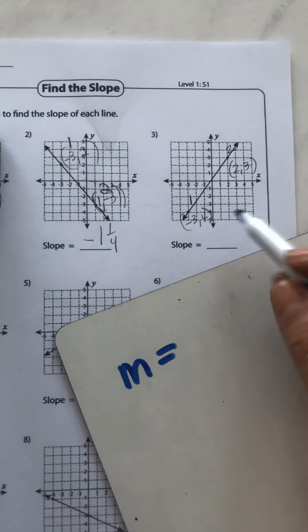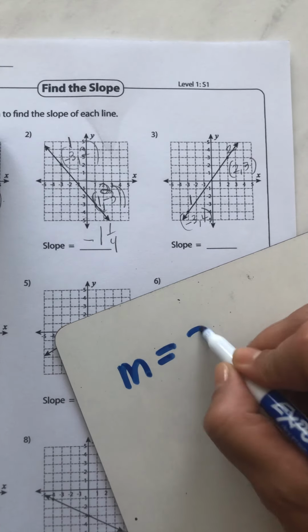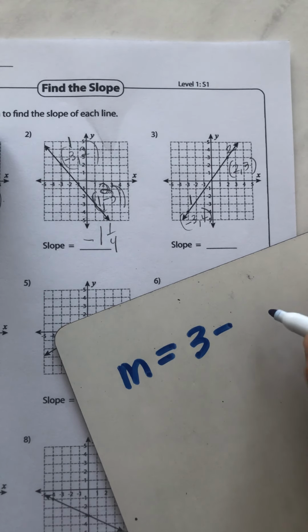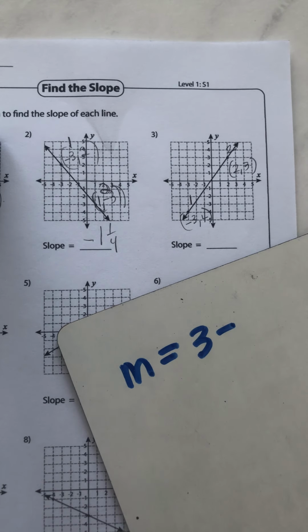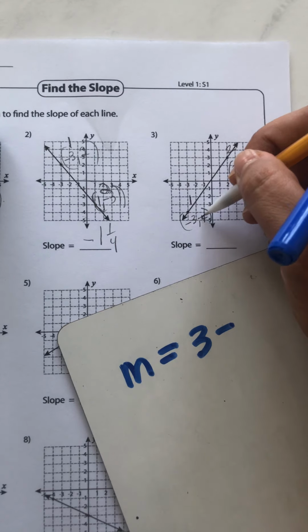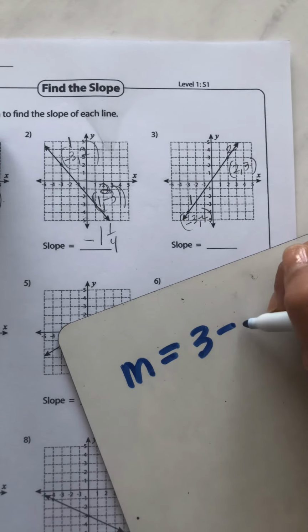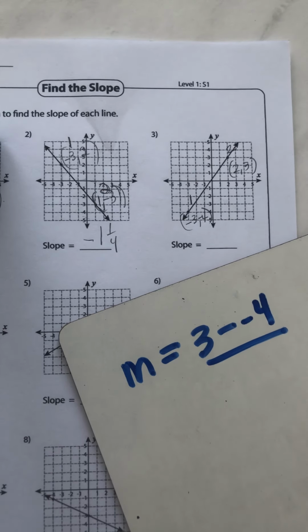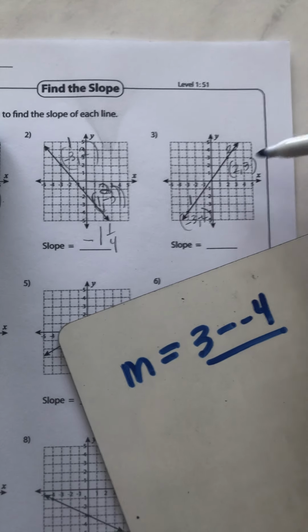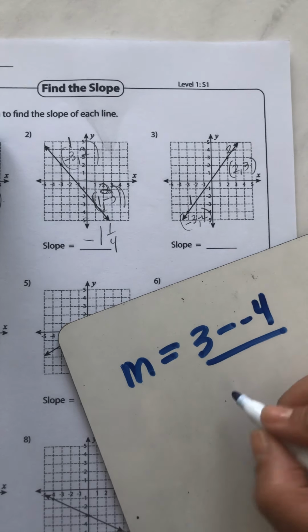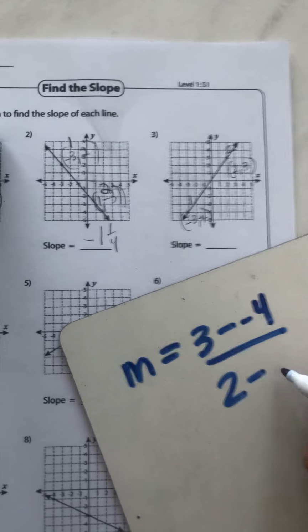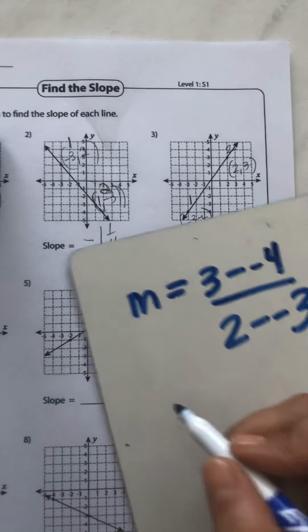So let's fill in our equation. m equals the y's first, y2 minus y1. Oh, that's negative 4, right? Yeah, negative 4. Minus negative 4. And then x2 minus negative 3. So then I start to solve.